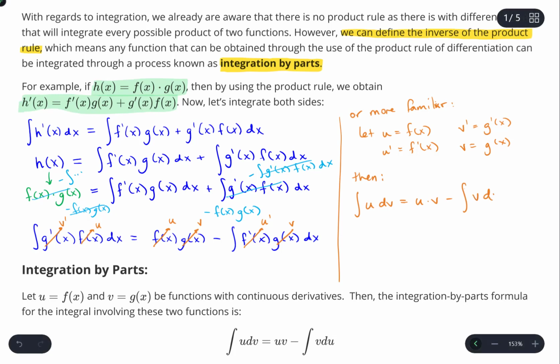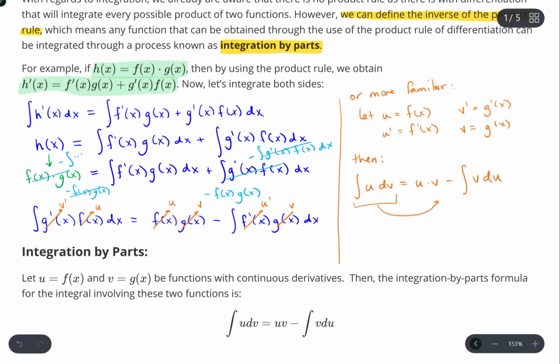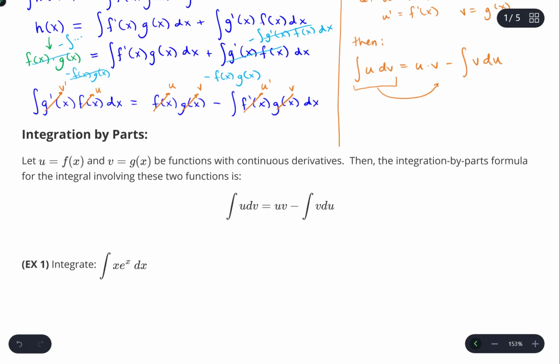So v du. This gives me a new type of integral that allows me to get somewhere in the process of integration. And all I've really done is just rewritten the product rule. So that is our rule for integration by parts.